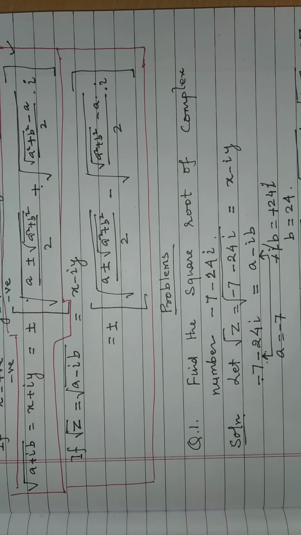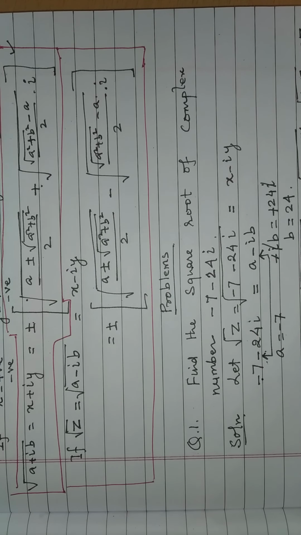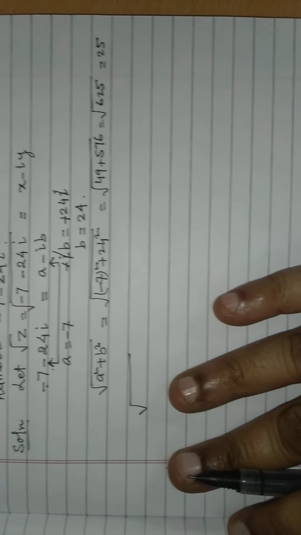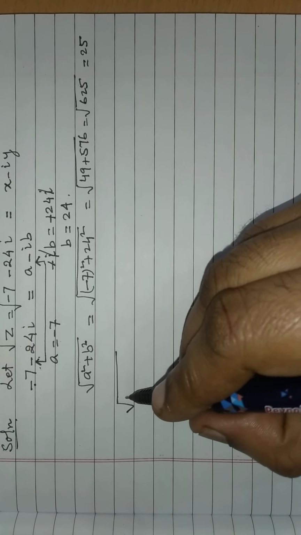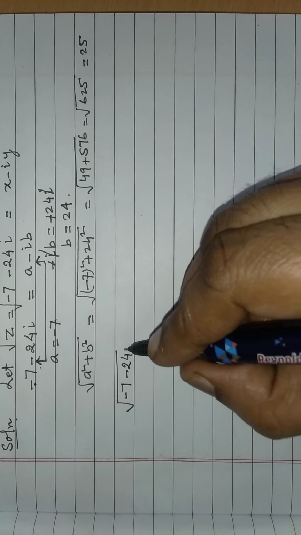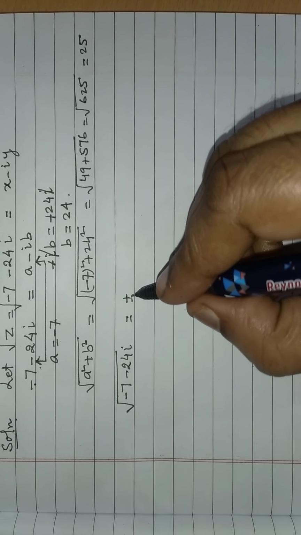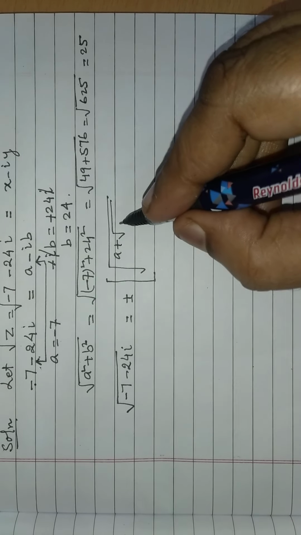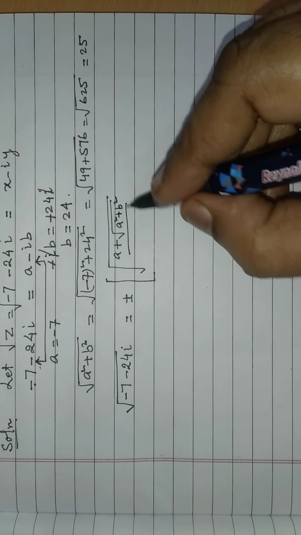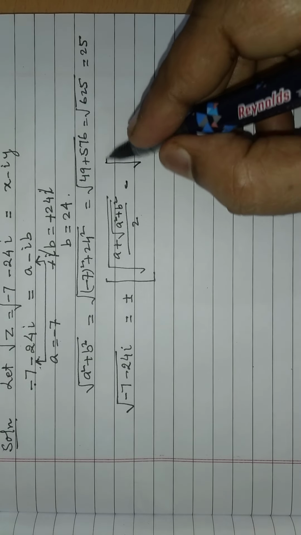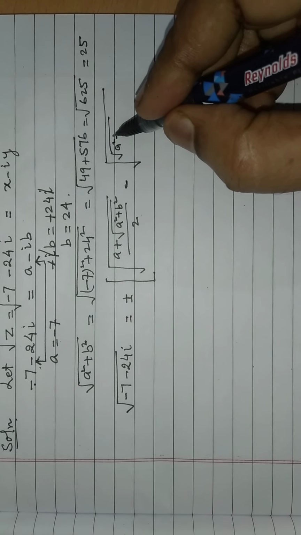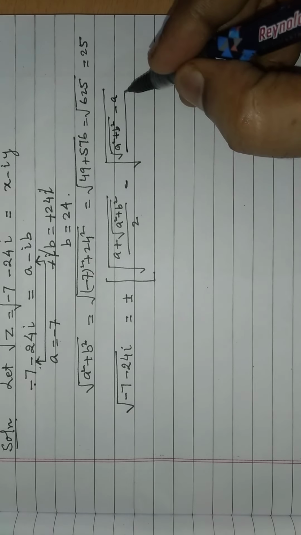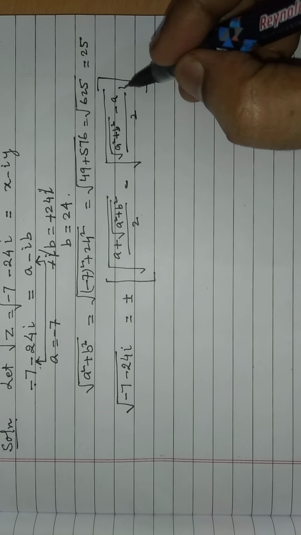Now the square root of -7 minus 24i is equal to plus minus, writing the formula, root under (root under a square plus b square, plus a) whole divided by 2, and then I am taking minus root under (root under a square plus b square, minus a) whole divided by 2 into iota.